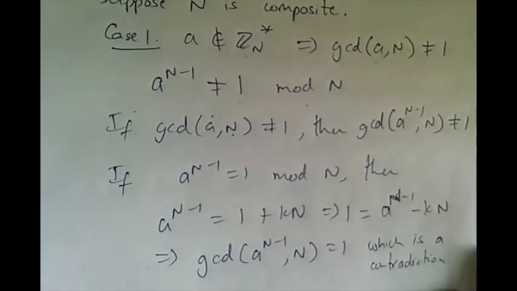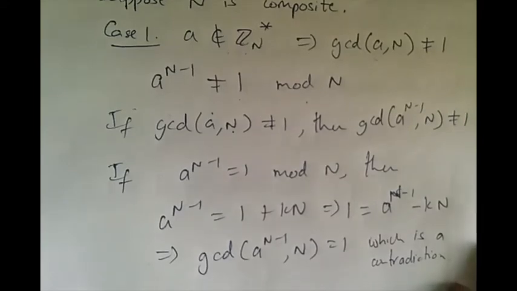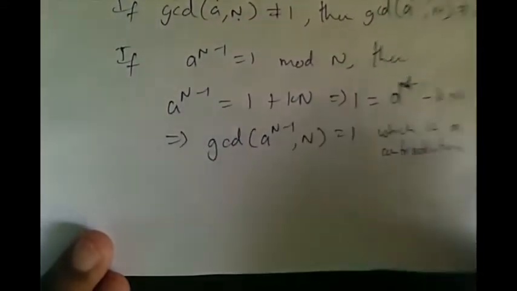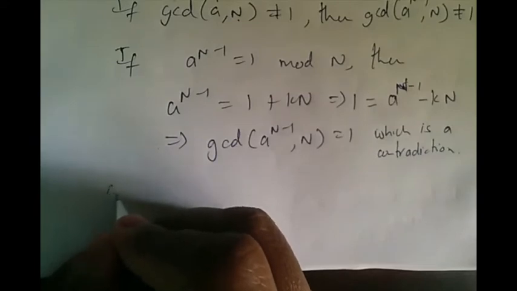So what if A is in Zn star? It turns out that integers which are not in Zn star are very rare. Let me demonstrate that.